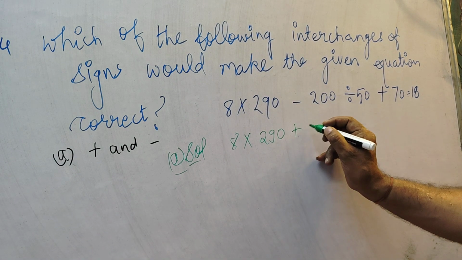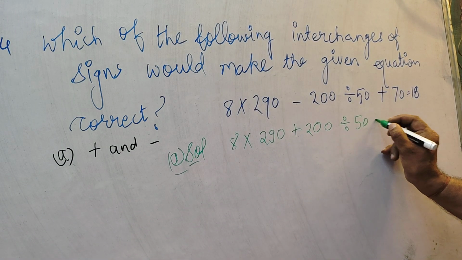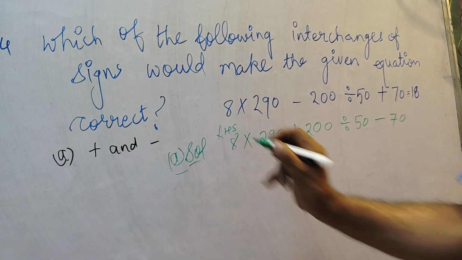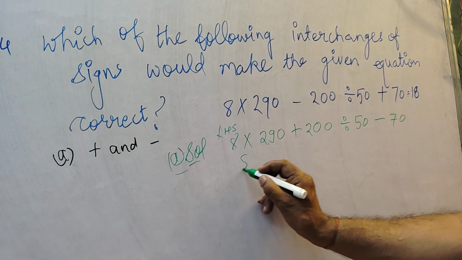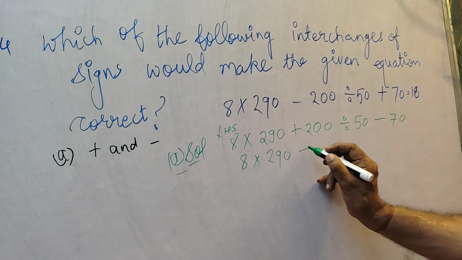So we are solving the left hand side. Now divide, we first solve. So 200 divide 50 gives us 4.